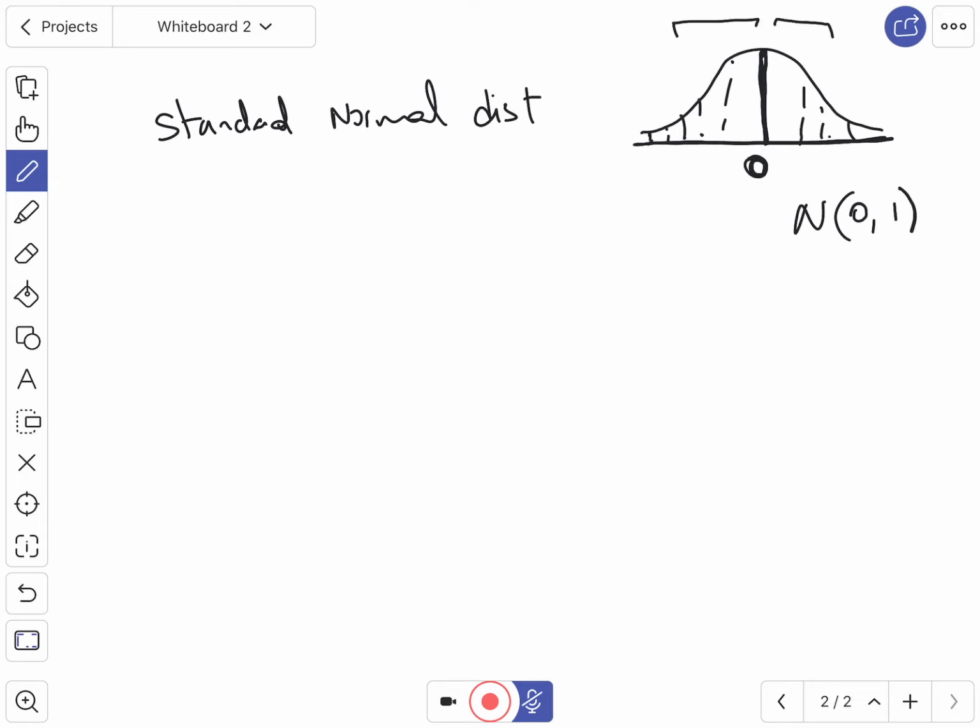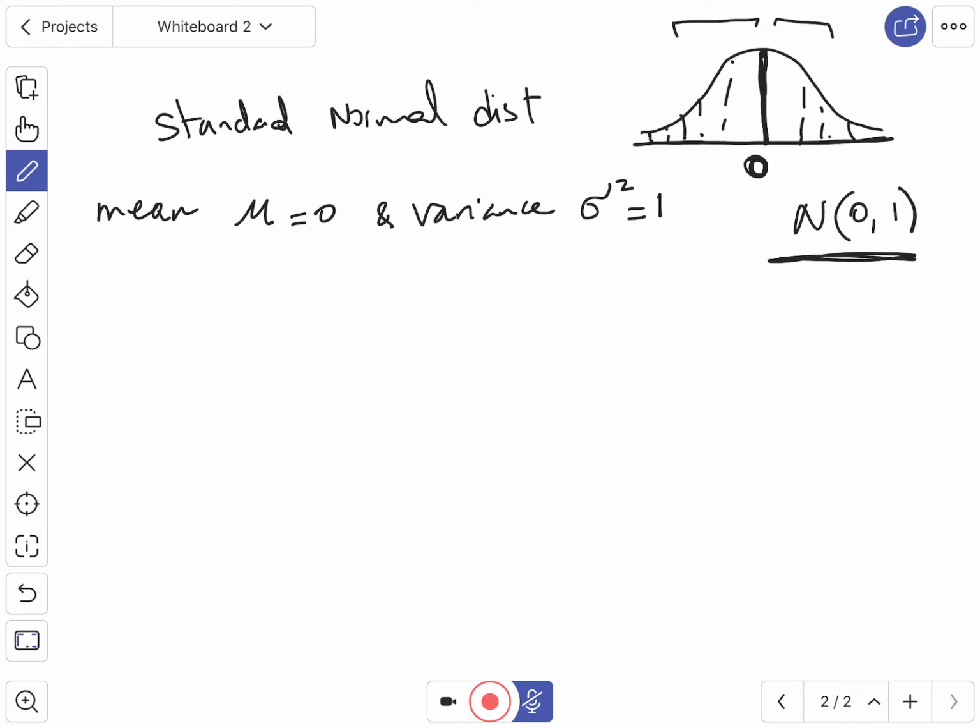We call the mean in this course mu, equal 0, and the variance in this course sigma square, equal 1, and it is denoted as normal 0, 1.